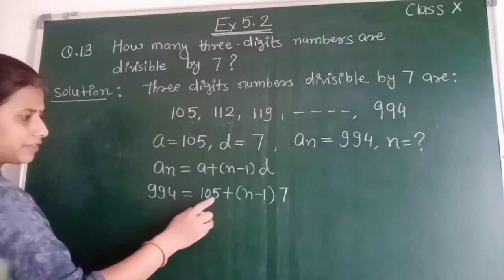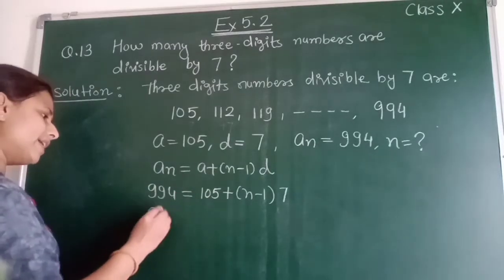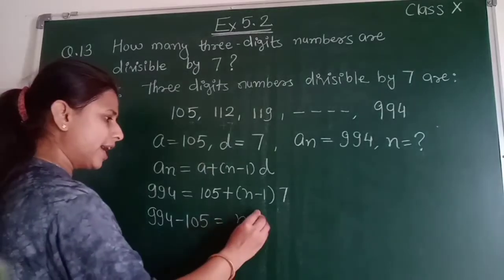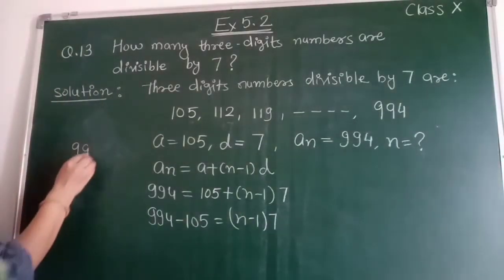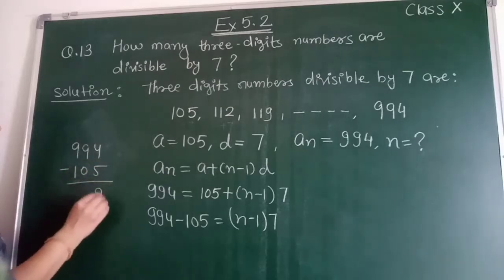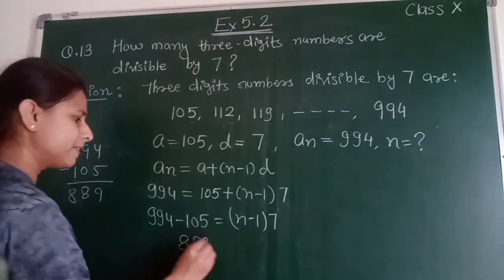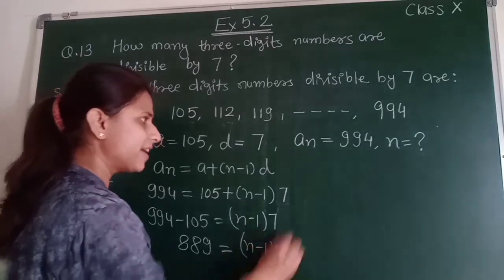Then we shift this 105 from the left hand side to the right hand side, and we get 994 minus 105 equals n minus 1 into 7. What will be the subtraction? 994 minus 105. What do we get, student? We get 889 equals n minus 1 into 7.